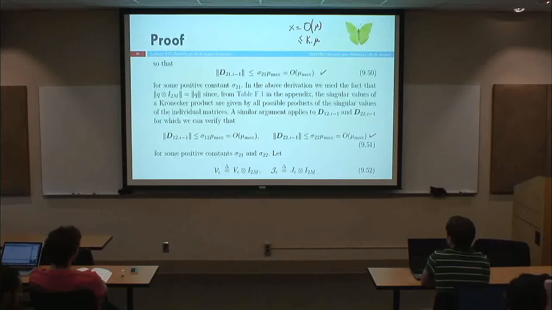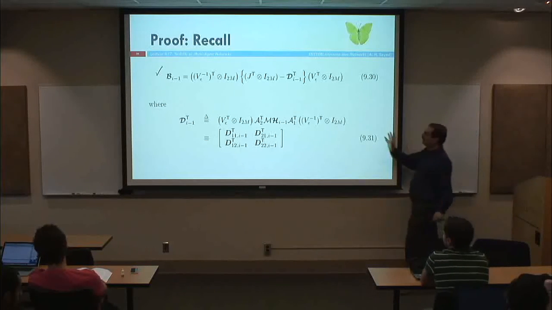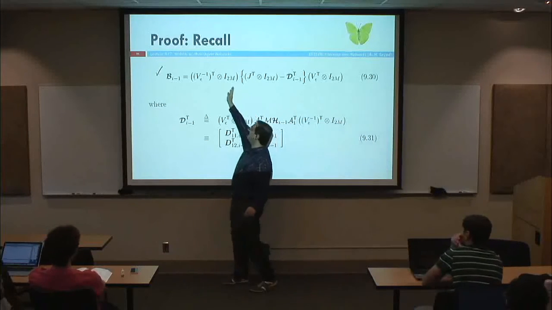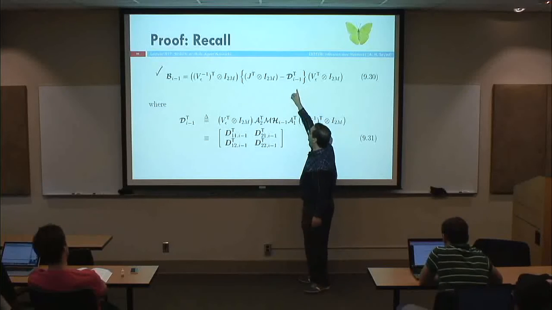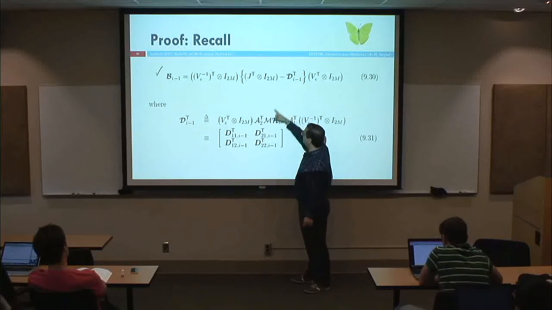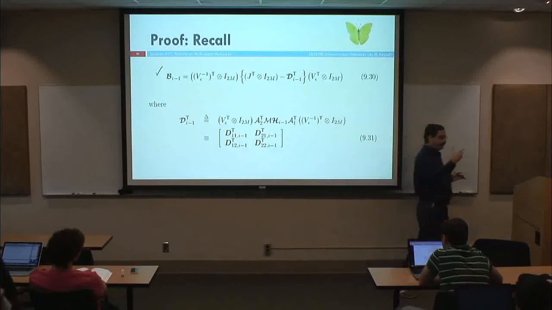Very good. So now I'm reminding you of the definition of B. Remember that I wrote it in this form. I took out the eigenvectors on this side, on that side, and this quantity D in the middle, I partitioned it into 4 quantities like this. I'm just reminding you.